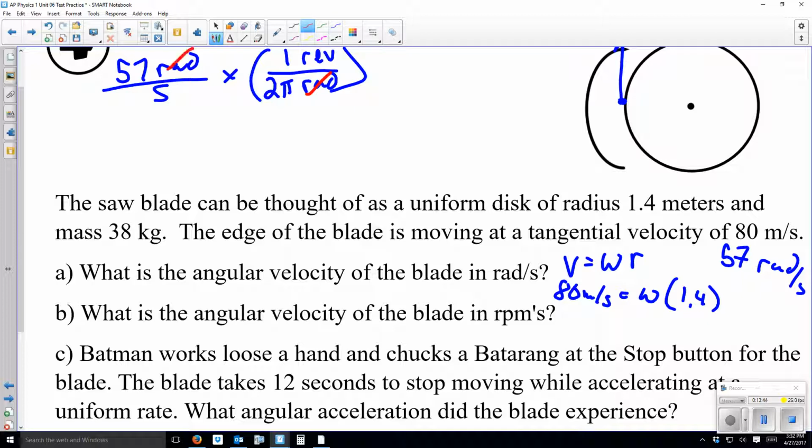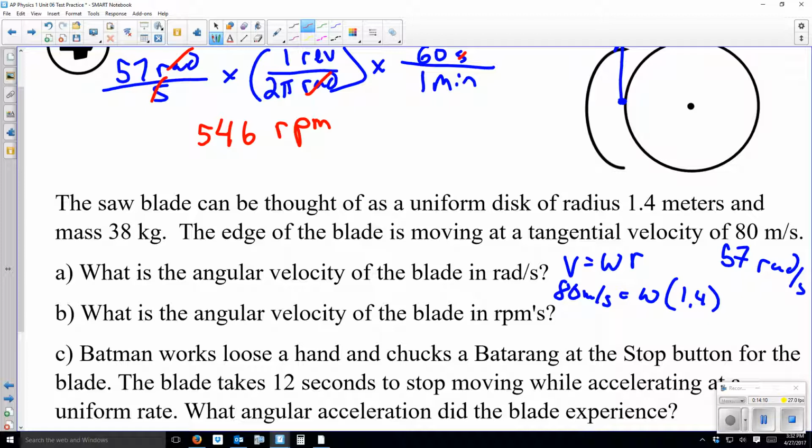I've got 60 seconds in 1 minute. My seconds cancel. I am now in revolutions per minute, and when you multiply all of that goodness out, it ends up being 546 RPMs, or revolutions per minute. Not too terribly fast, but not too slow either. It's about 10 per second, 10 revolutions per second.